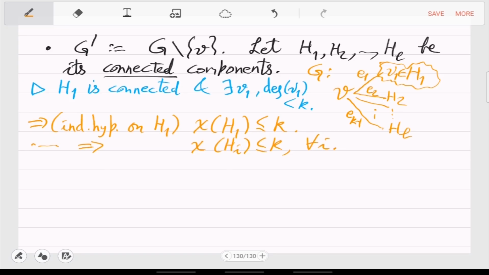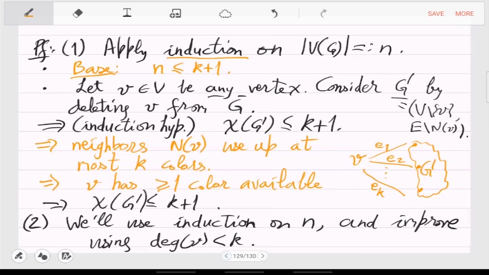H1 to HL, they have been colored within. So all that remains to be colored is v. How do you color v? Yeah, the neighbors of v are only k minus 1, they have been colored. So one color is free. Same as before.